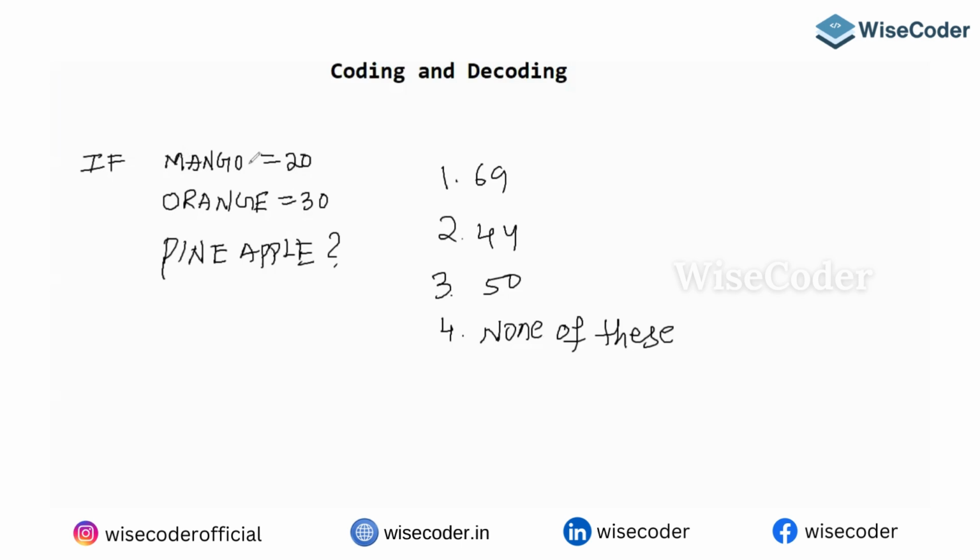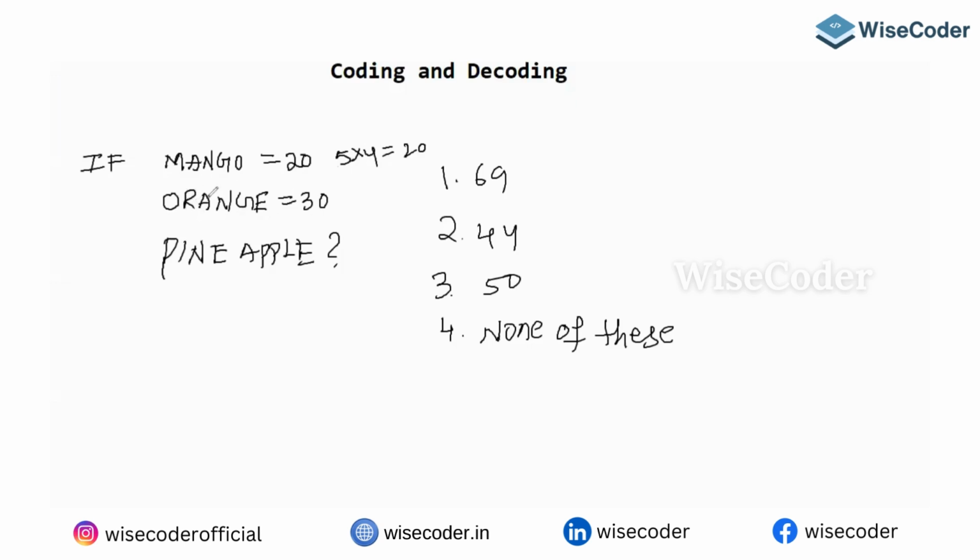Look here, if we write the place positions, N is 14, G is 7. Here itself, I am getting 20, so it's not the sum of the digits. So how many letters are there? 1, 2, 3, 4, 5. So mango has 5 letters, into 4. 5 fours are 20.